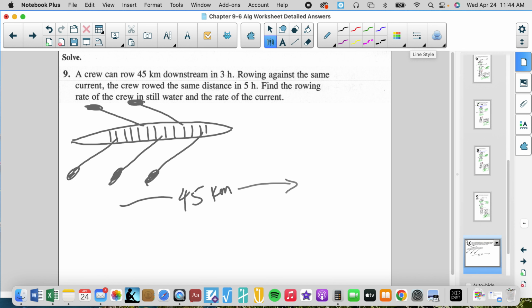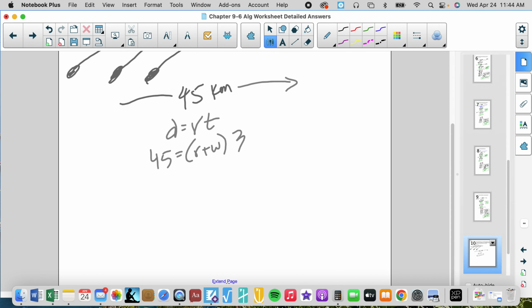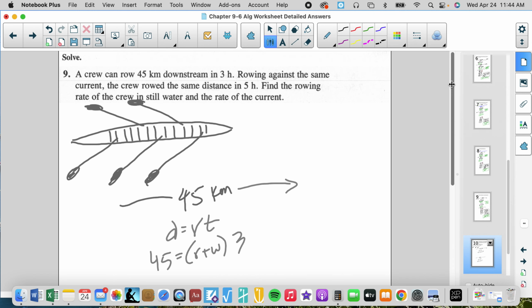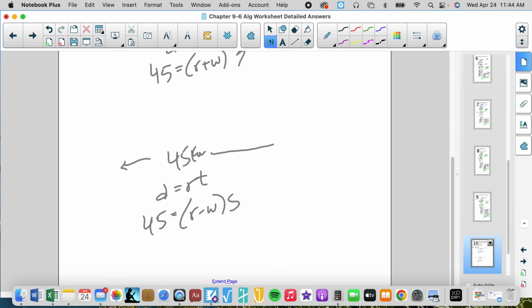The crew can row downstream, so 45. Distance equals rate times time. 45 equals rate plus the current. It took them 3 hours. Coming back, that 45 kilometers, distance equals rate times time. 45 equals rate minus the current. It took them 5 hours.